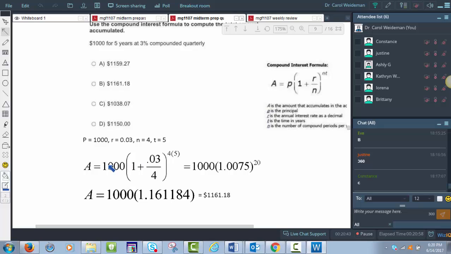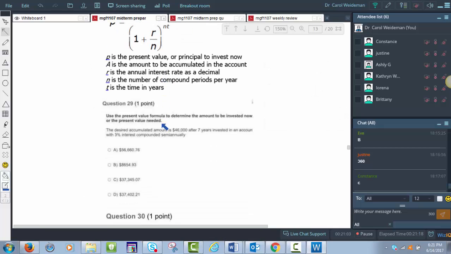Principal's up front here. What do I do first? I start here. 0.03 divided by 4, add 1. I got 1.0075. Raise it to the 20th power, and then multiply by 1,000. And then I got 1,161.18. All right, any questions on that formula?